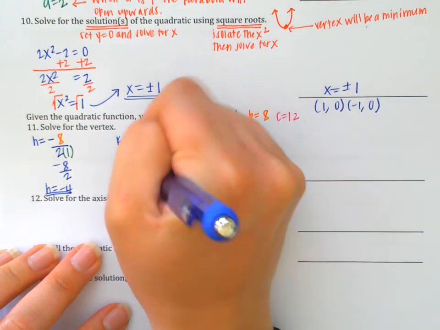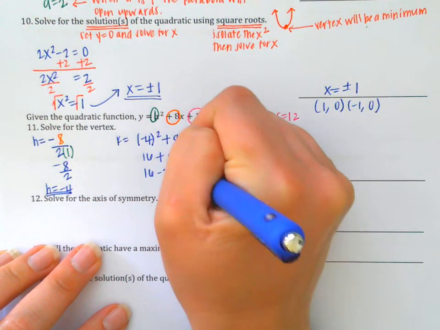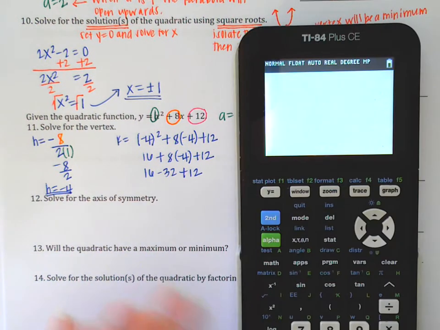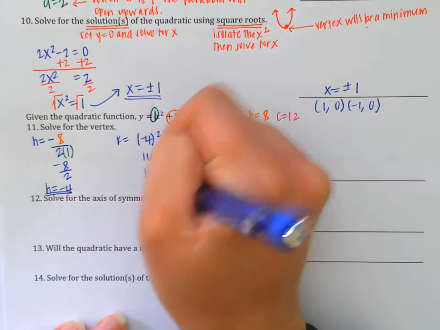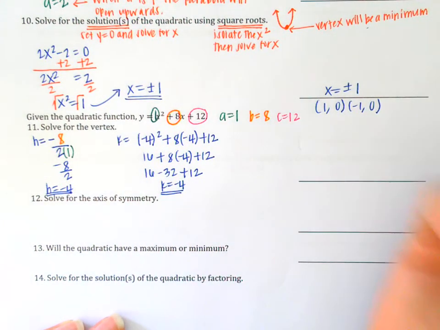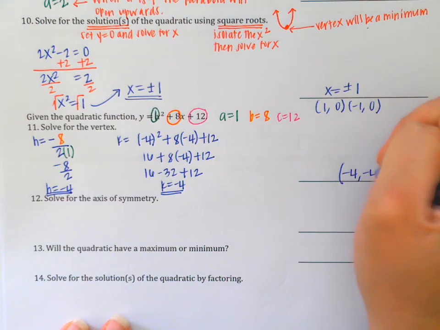Then I multiply, so 8 times -4 is -32. And then let's do that in our calculator. 16 minus 32 plus 12 gets me -4 also. So my vertex, h comma k, is -4, -4.